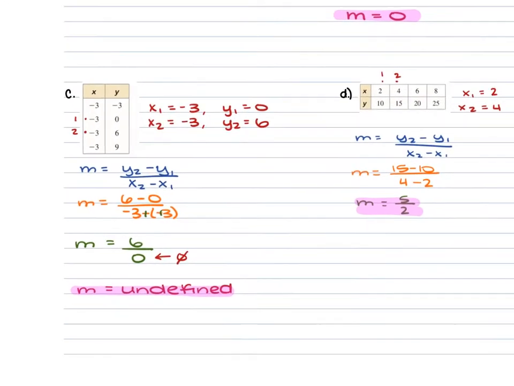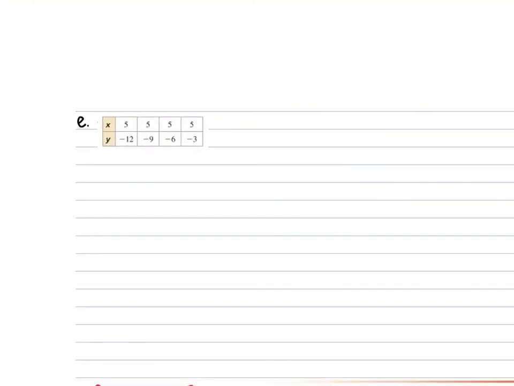For E, we have the ordered pairs (5, -2), (5, -12), (5, -9), (5, -6), and (5, -3). So I'm going to use the first and the last. So I'm going to do x1 is 5, y1 is -12, x2 is 5, y2 is -3.